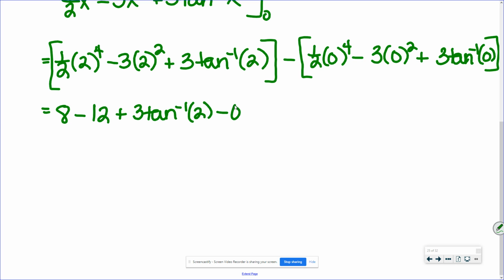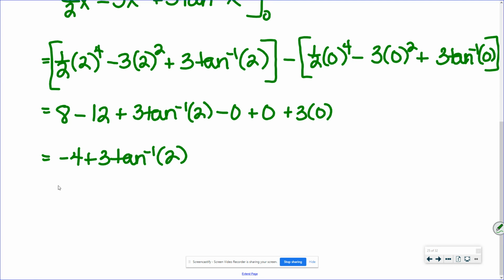I would have a 0, another 0, and then inverse tangent of 0 would be like asking when tangent is 0, and that is also at 0. Times 3, and it's still a 0. So our answer would be equal to -4 plus 3 inverse tangent of 2.